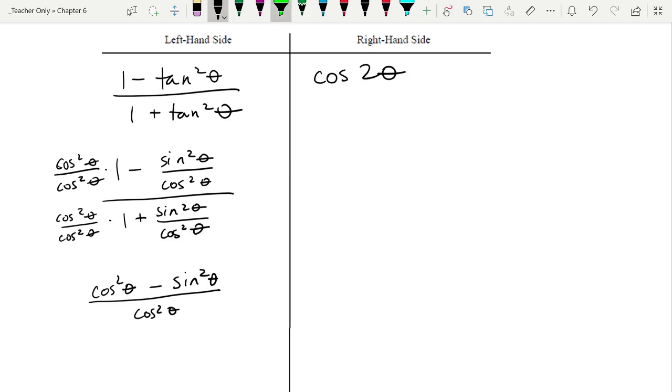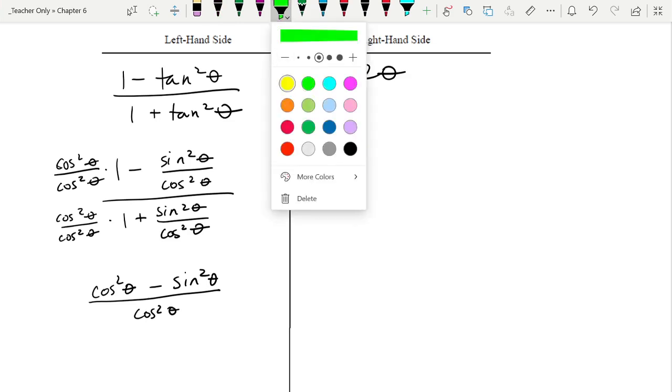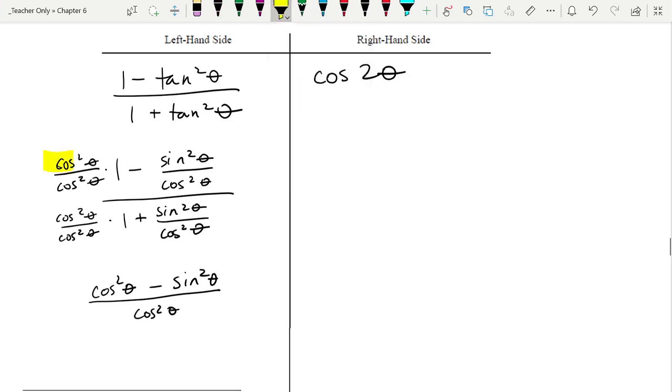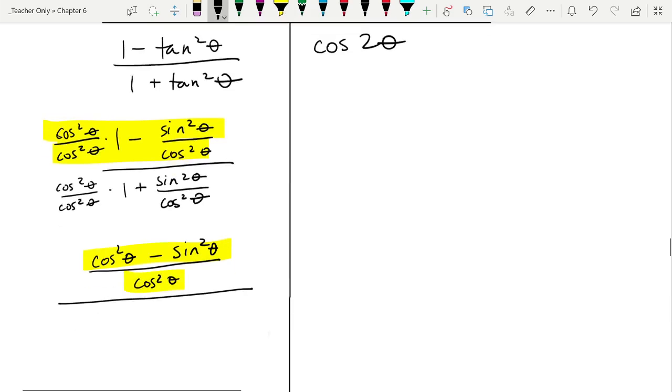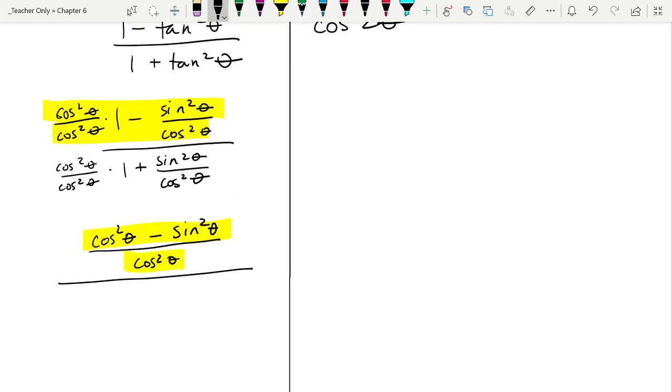So that took care of this part. This part here just became that. Divided by, and let's see, the denominator will be cos squared times 1, which is cos squared, plus sine squared, all over cos squared.